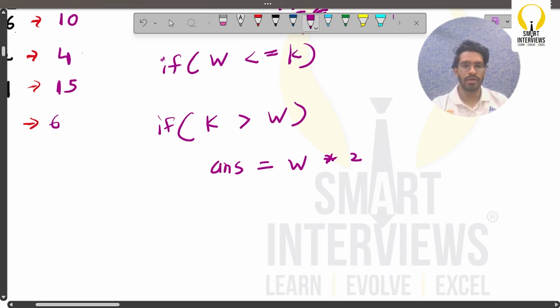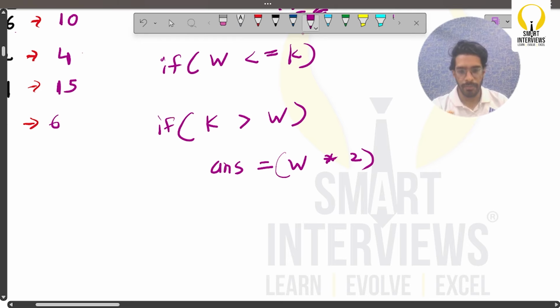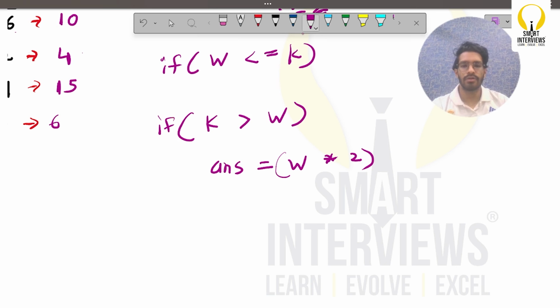Can I say we would have to take the help of plastic chairs here now? So if I've taken W number of chairs from K, can I simply say I have to pick K minus W of plastic chairs?